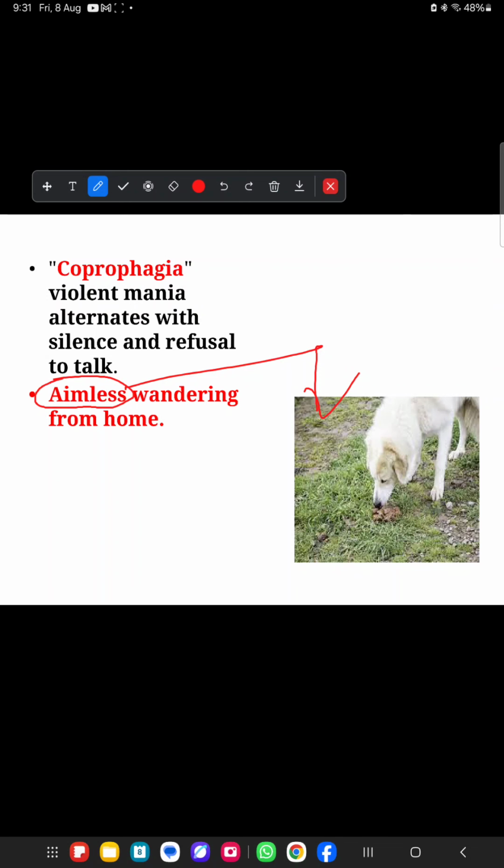What can be the remedy? Can anyone tell? Lilium tigrinum is the medicine. But if the patient has a hurried, rapid manner, we can think of Argentum nitricum.